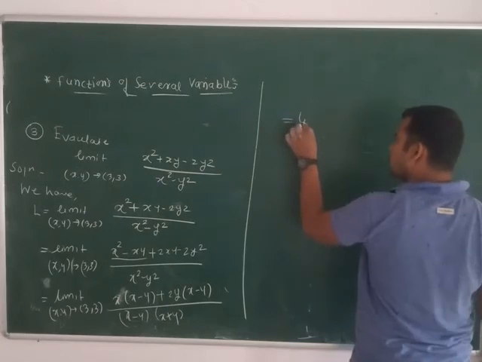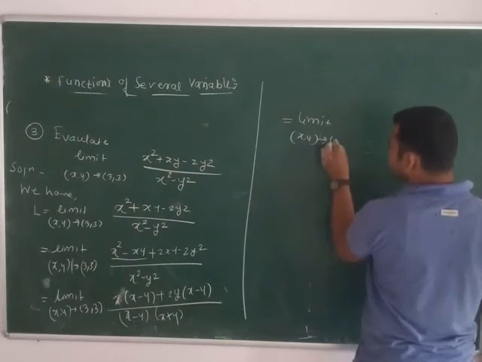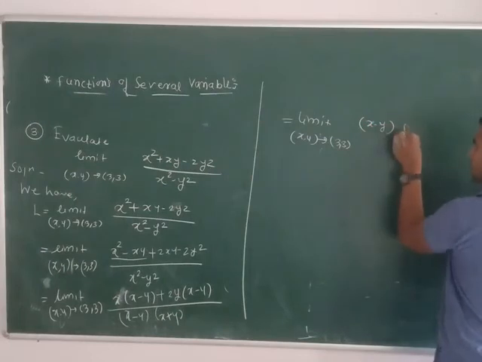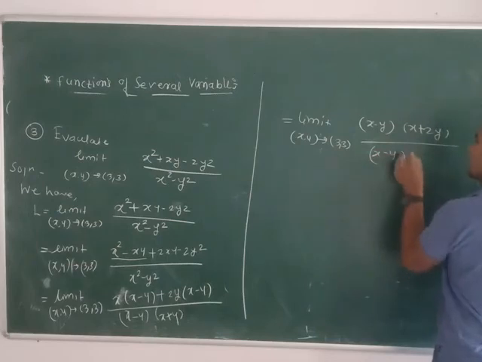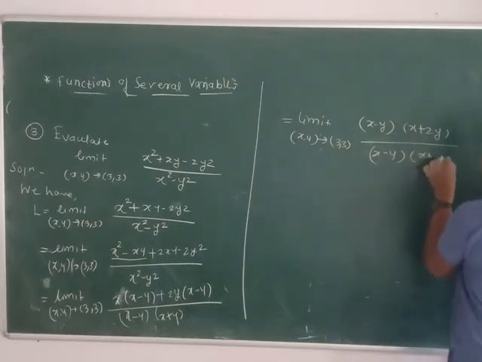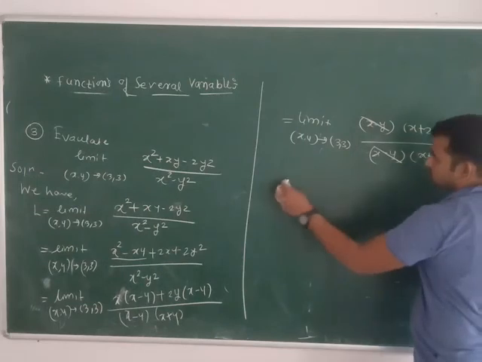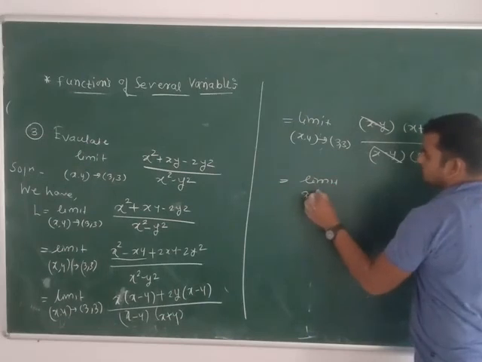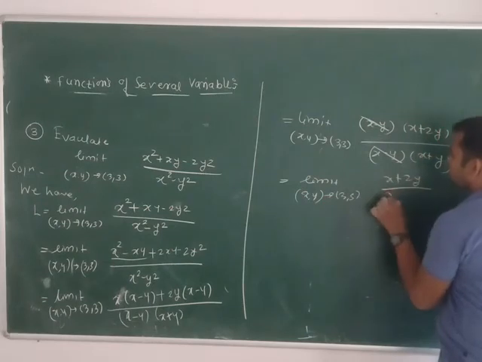This is equal to limit (x, y) tends to (3, 3) of (x minus y)(x plus 2y) divided by (x minus y)(x plus y). This x minus y gets cancelled because it is a non-zero term. So the limit as (x, y) tends to (3, 3), we get x plus 2y divided by x plus y.